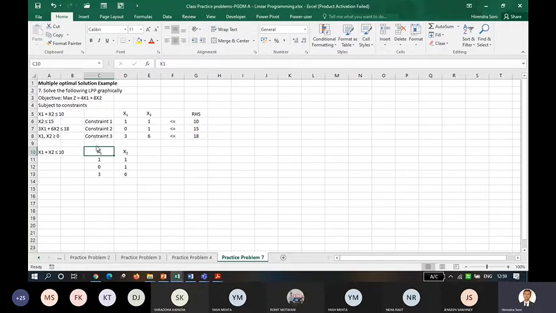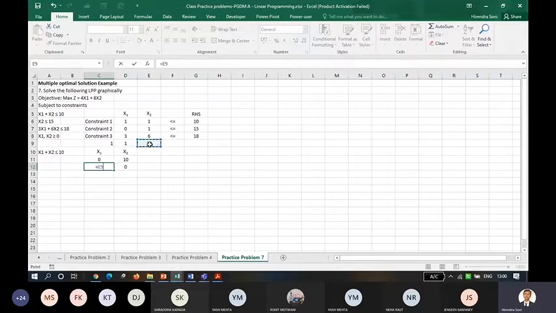So my coefficients at this front are 1, 1, 1, and it is 10. So if x1 is 0, then x2 would be 10 divided by 1, and when x2 is 0, x1 would be 10 divided by this one, right?